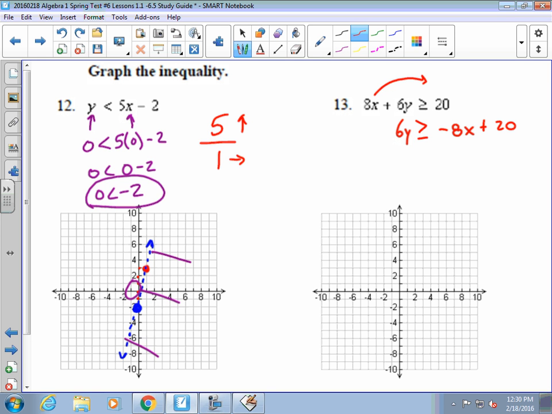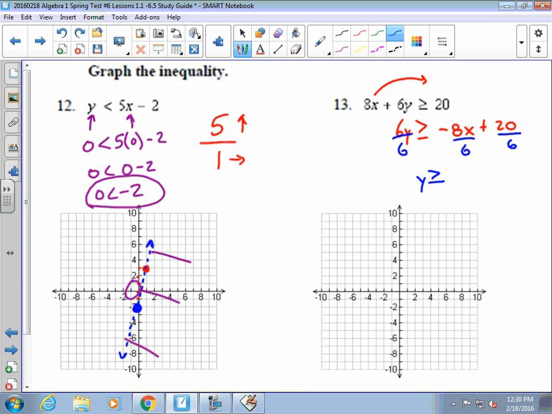But it's not quite slope-intercept form. We need to get y by itself to make it be y equals mx plus b. So we need to divide everything by 6 to get rid of that multiplying by 6 there and here as well. This will leave us with y. Again, all we did was divide by a positive number, so you don't have to reverse the inequality. Again, we'll leave it just like it is.